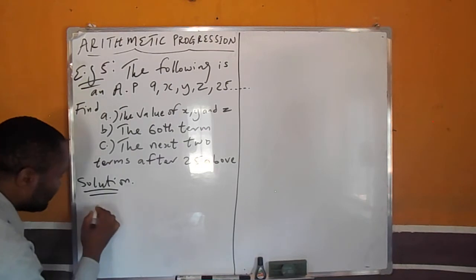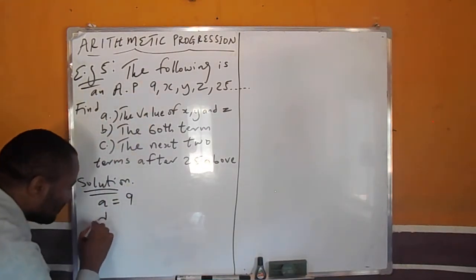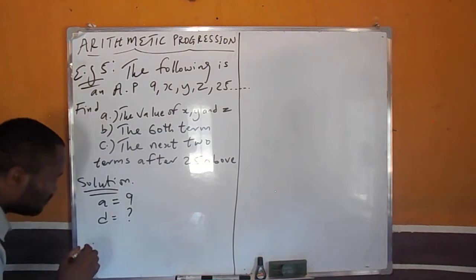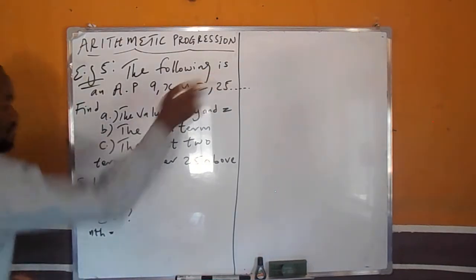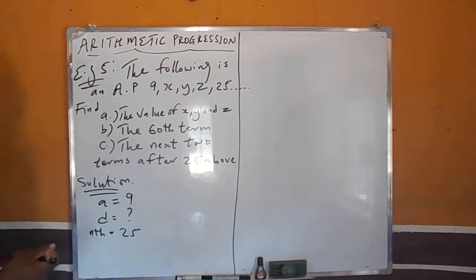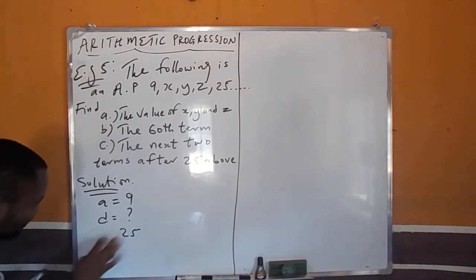The first term, A, equals 9. D, what is the common difference? The common difference is unknown. The nth term, the last term there, is 25. That is for the last term.